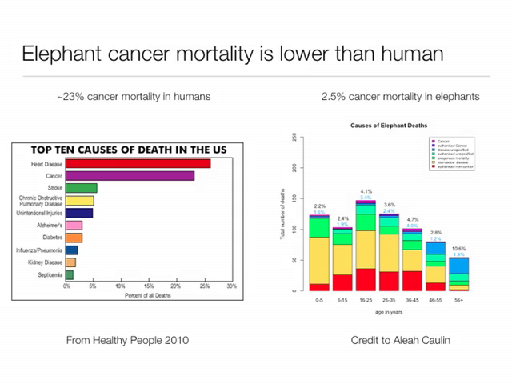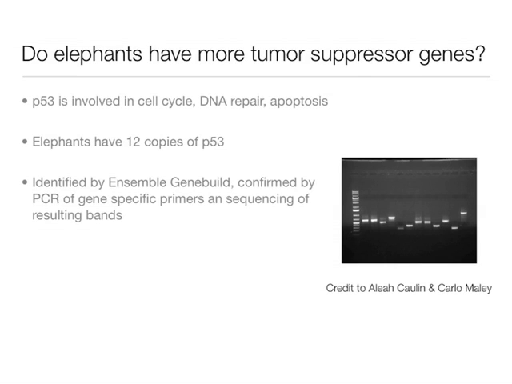They have apparently 12 copies of P53. And he could tell you more about this, and they're trying to work out all of the details of how this is the case. But it's a really interesting finding, and they're sequencing the humpback whale now to look at whether the humpback whale has more tumor suppressor genes as well.